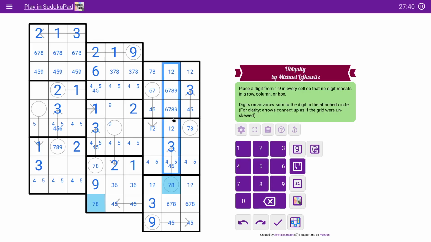What do we have going on in this column? We have the 4, 5, we have 1, 2, 3, 4, 5. 6, 7, 8, 9, okay.